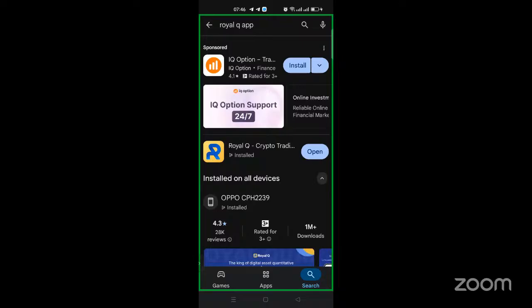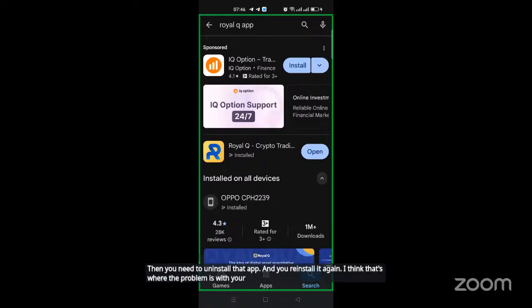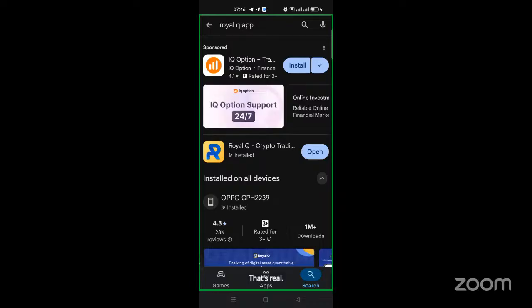Then you need to uninstall that app and reinstall it again. I think that's where the problem is with your account. Remove the app, reinstall it and log in again.